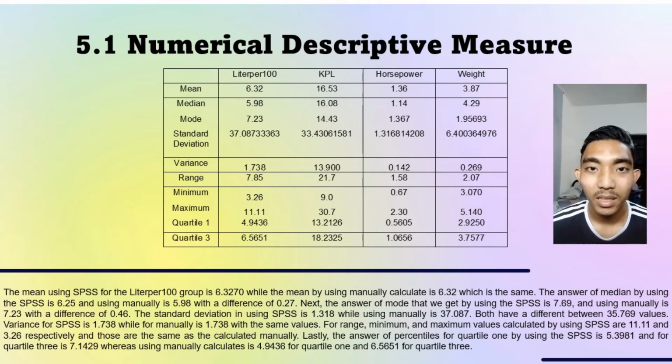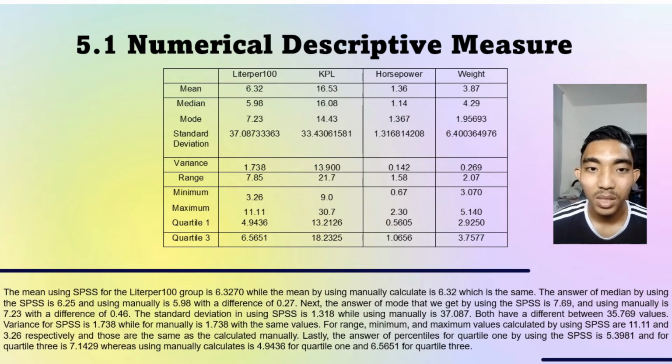5.1 Numerical Descriptive Measure. The mean using SPSS for the liter per 100 group is 6.3270, while the mean calculated manually is 6.32, which is the same.